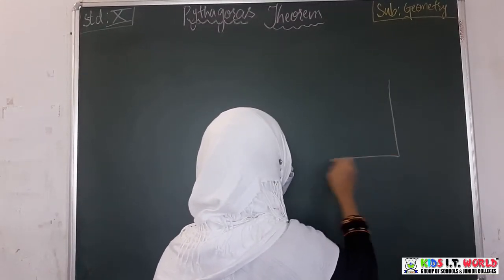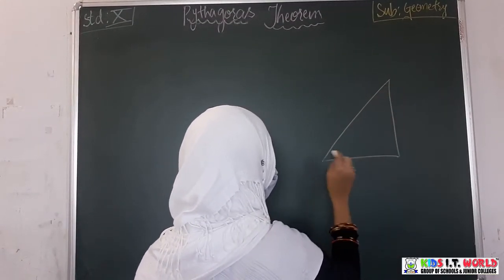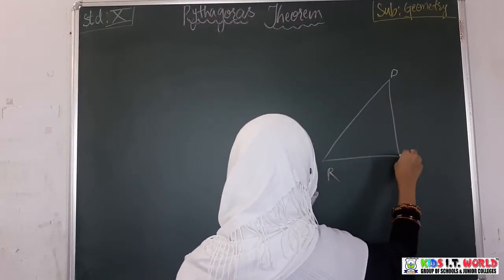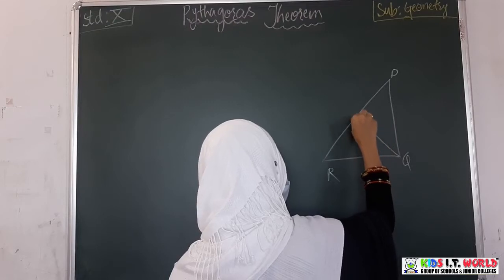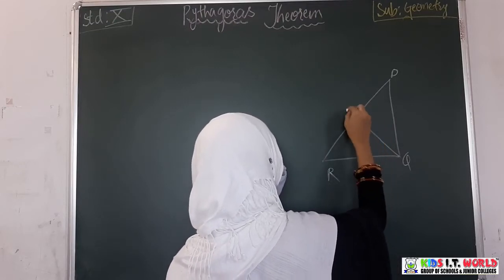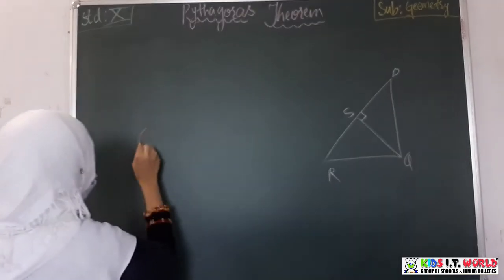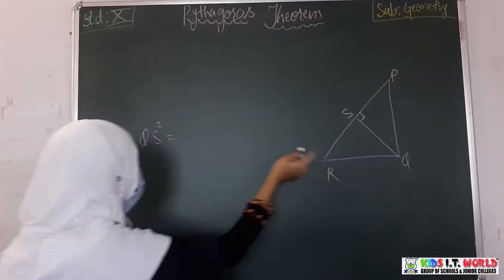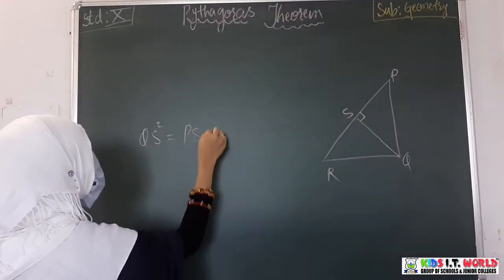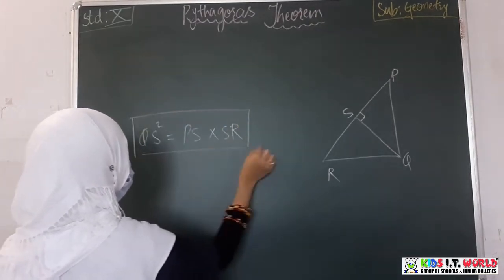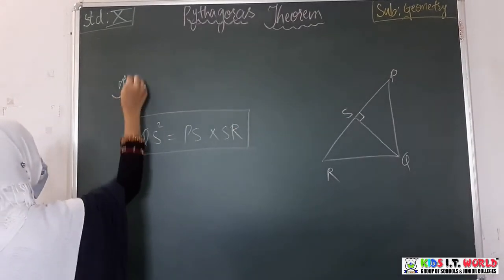First, consider the right angle triangle PQR. The perpendicular drawn to the hypotenuse is the geometric mean. That means QS square equals PS into SR, the two parts into which the hypotenuse is divided. That is the statement of the theorem of geometric mean.